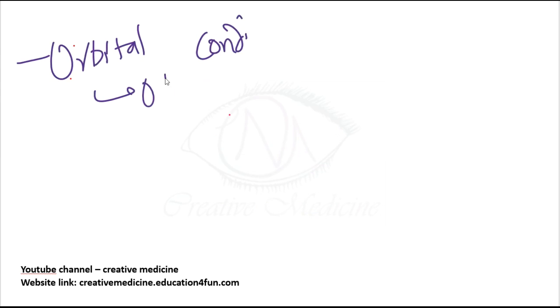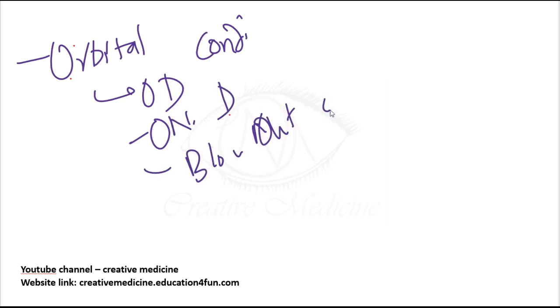Then what about the other indications? If you see other indications, one, we have orbital conditions. Orbital conditions like orbital decompression, optic nerve decompression, and blowout fractures of the orbit.